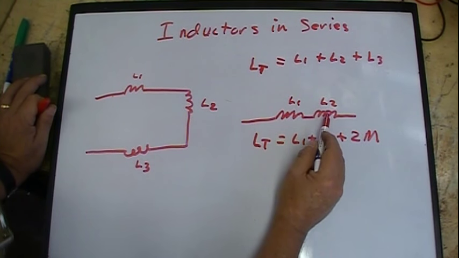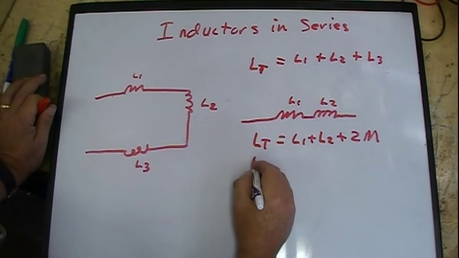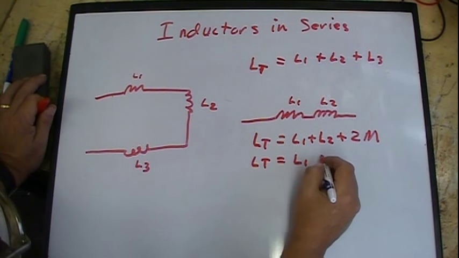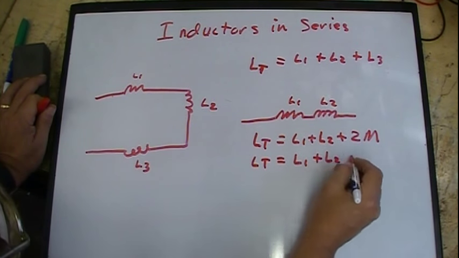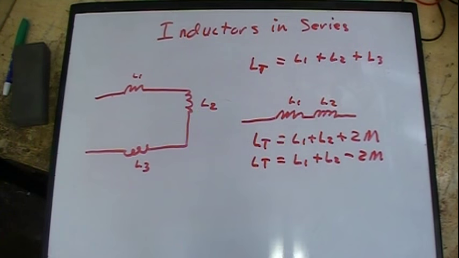If one coil is reversed wound as compared to the other one, then it subtracts. LT will be L1 plus L2 minus 2M, or 2 times the mutual inductance.